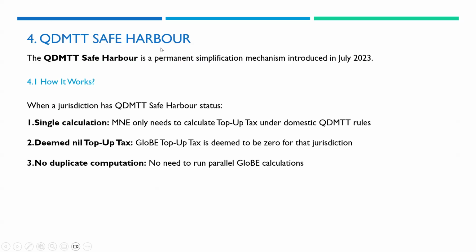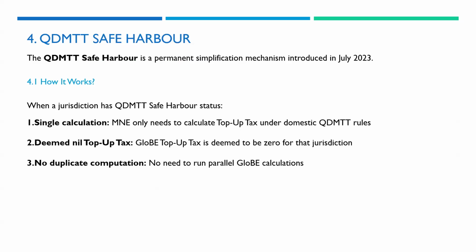Basically, when a jurisdiction has QDMTT safe harbor status, in a single calculation the MNE only needs to calculate top-up tax under QDMTT. There is no need for an IIR or UTPR. You don't need to do extra calculations in the parent entity. The calculations are all going to be the same, but there is another return that has to be done at the IIR level, the top-up tax minus QDMTT.